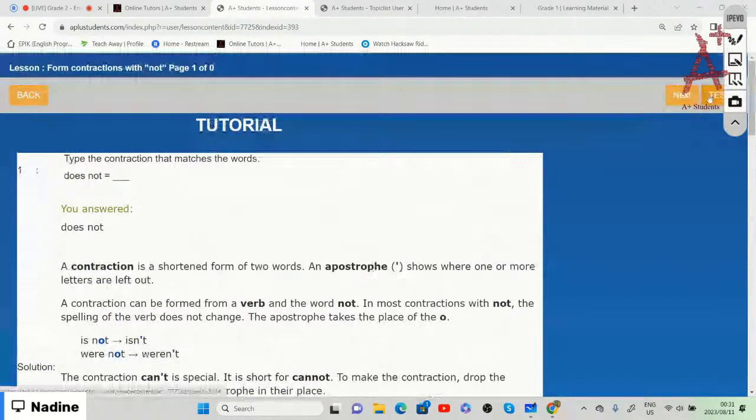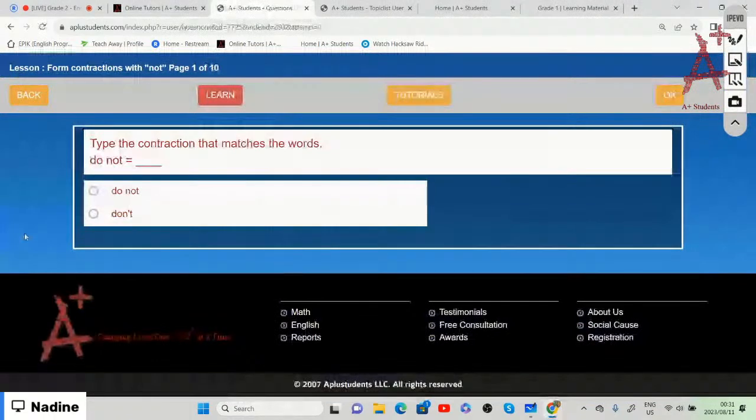All right, let's do our little test. We need to type the contractions that match the words. Do not. We need to find the contraction that matches the words.